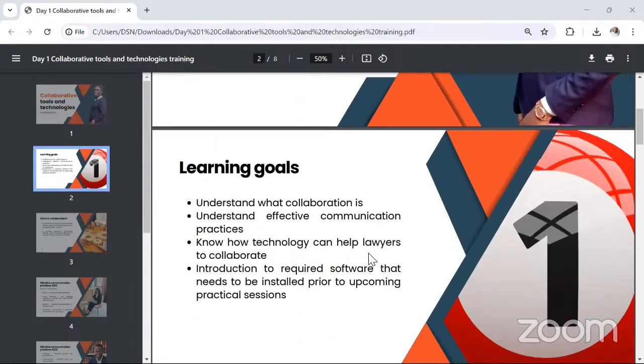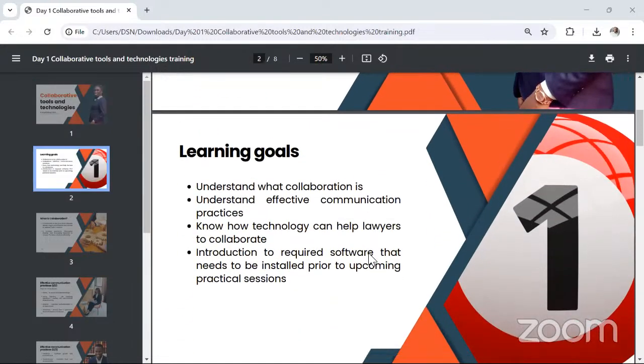By the end of this session, you'll know what collaboration is, understand effective communication practices, know how technologies can help you collaborate with your members, and get an introduction to the required software, which was already shared with you. We shall handle people who have queries.